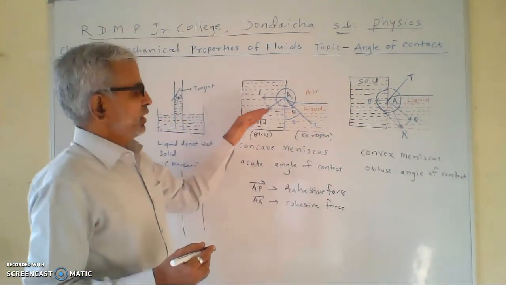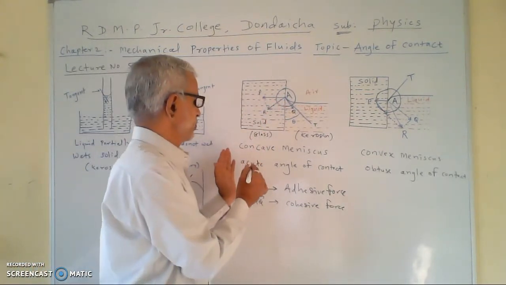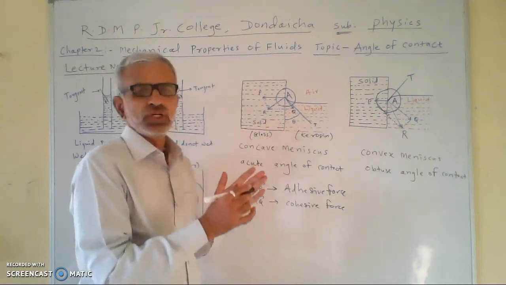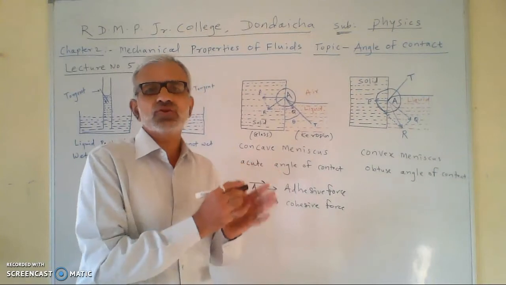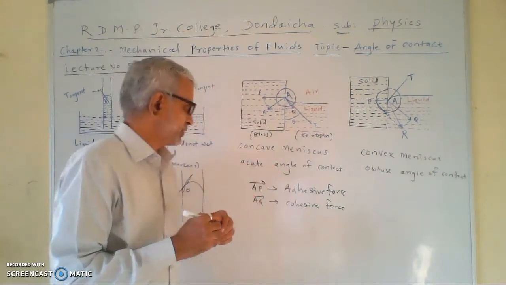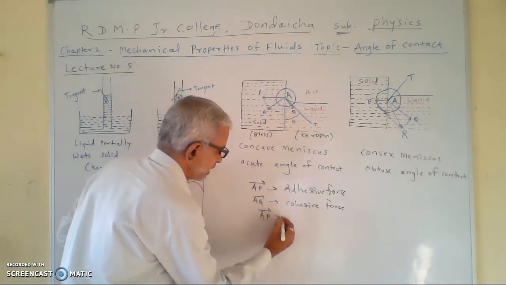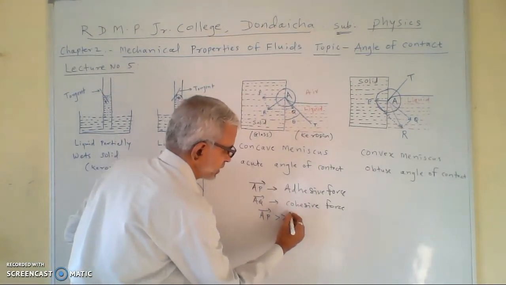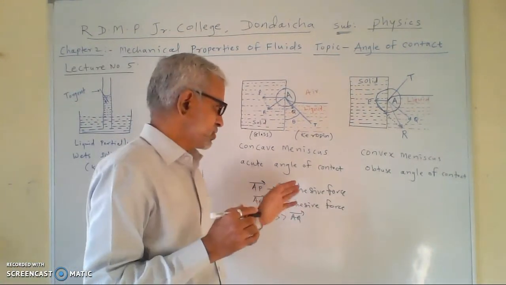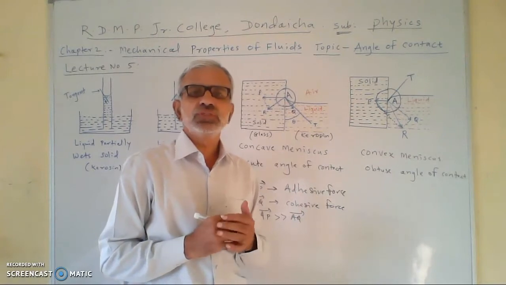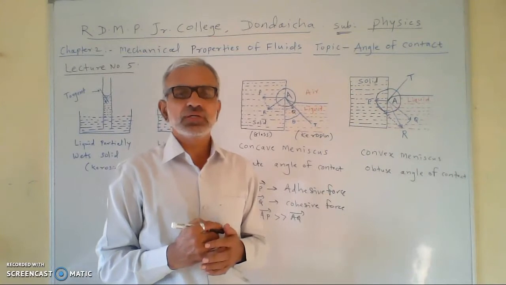Now here in this figure, when there is a kerosene and solid combination, means when there is a kerosene and glass combination, in this case the value of vector AP is very large as compared to vector AQ. म्हणजे हा जो फोर्स असतो adhesive force ची व्हॅल्यू cohesive force पेक्षा खूप जास्त असते.